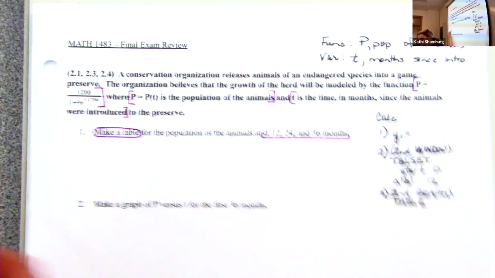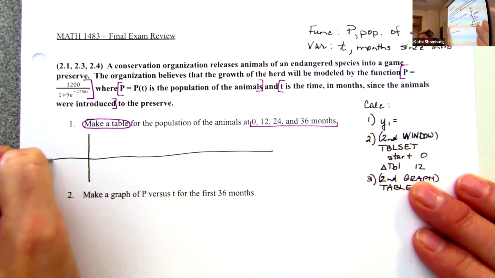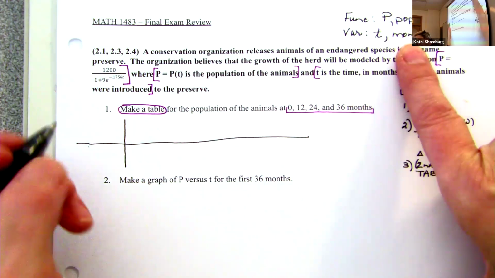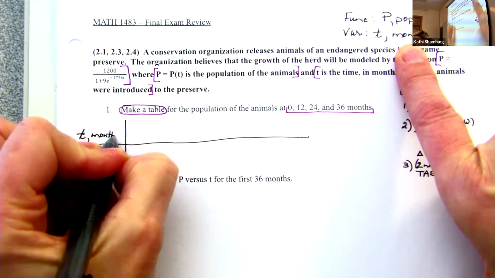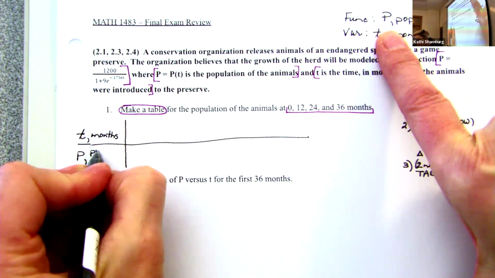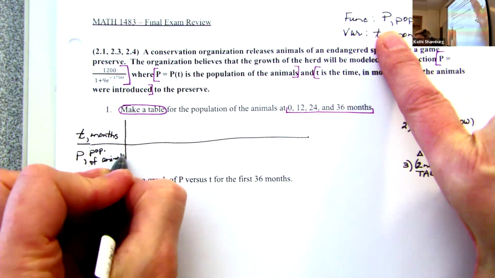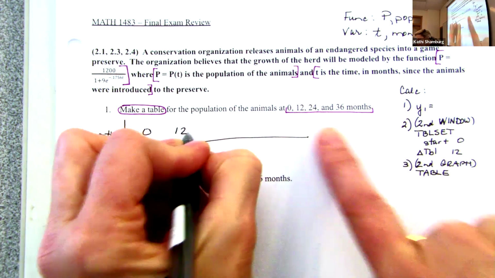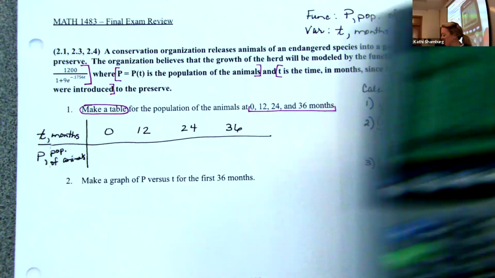Okay, now when I make this table, what always goes on top? The variable. So I have that listed here. T is months, and then function is P, which is population of animals. And I know my variable, I did 0, 12, 24, and 36.